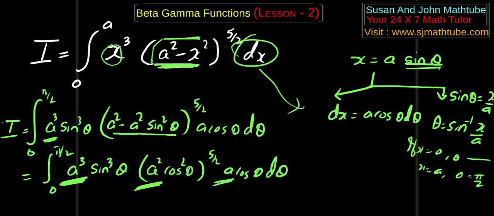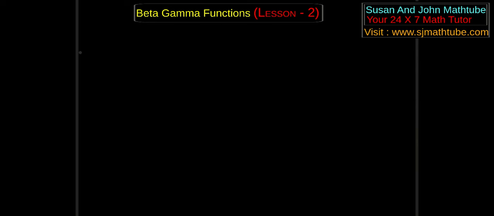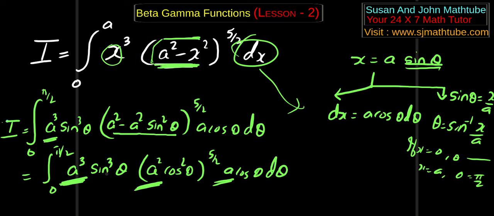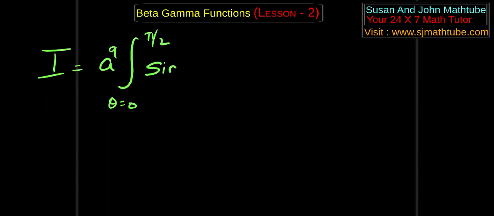So 3 plus 5, 8, 8 plus 1, 9. So in the next line, I am going to write a power 9 outside, and theta varies from 0 to pi by 2. Now look at this, sine to the power 3 theta, cos to the power 5, 5 plus 1, 6. So I am going to write sine cube theta, cos to the power 6 theta d theta.